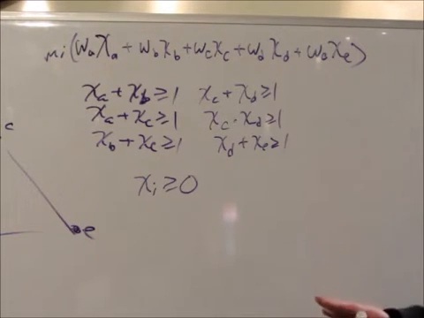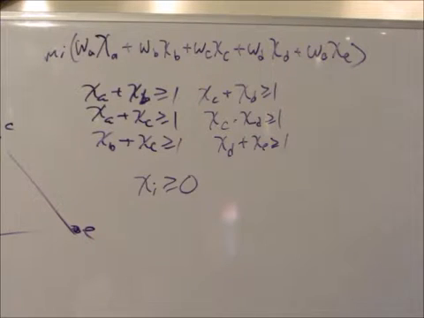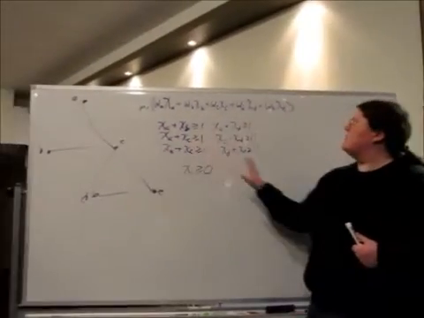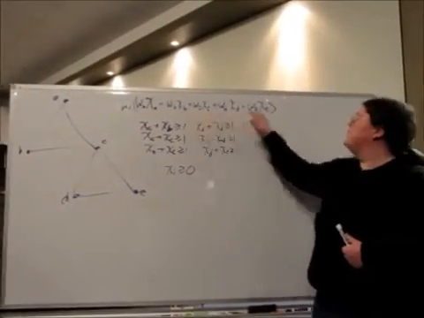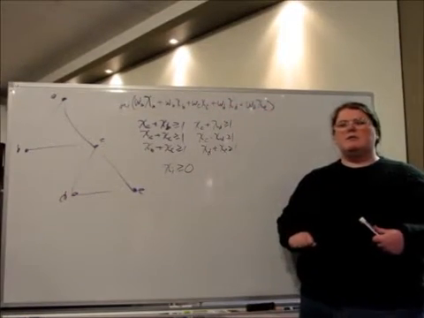Now, it's beyond the scope of the talk for me to explain how you solve one of these in polynomial time, so let's just assume that we've gotten a solution back out. And we have some set of x_i's, they're all greater than or equal to 0, and we know that they satisfy all these constraints, and this is the minimal value that we can possibly find that satisfies these constraints.